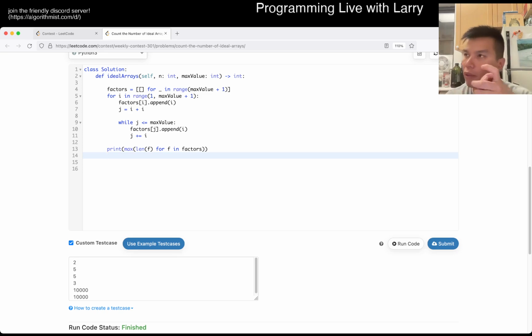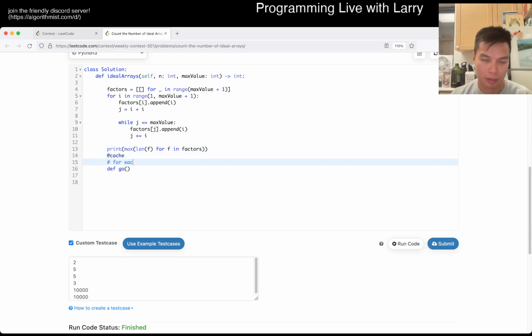How many ways are there to get from... okay, I think I have it.